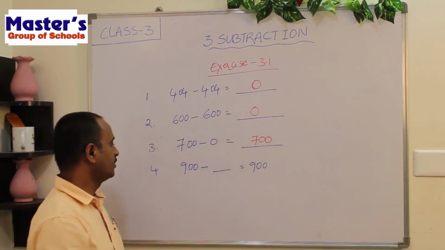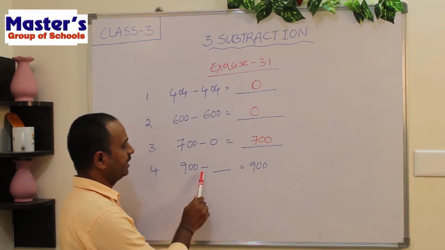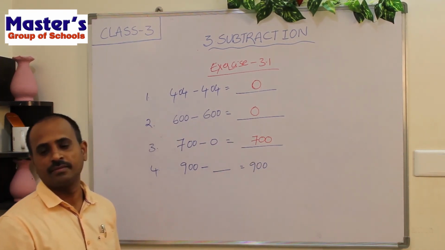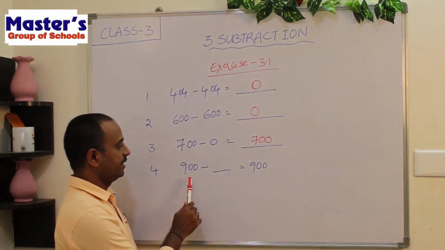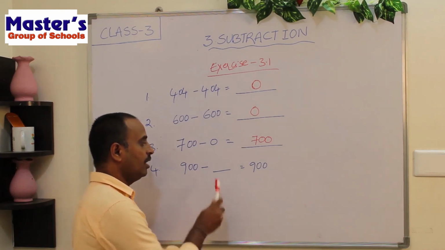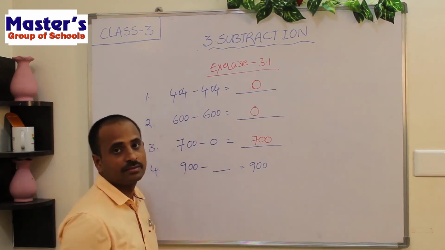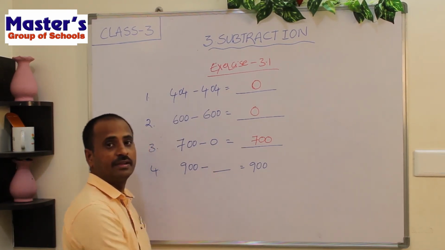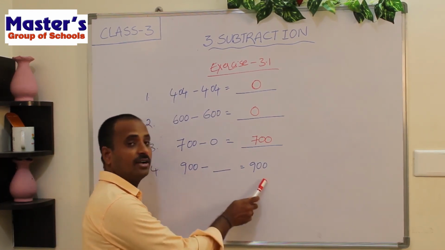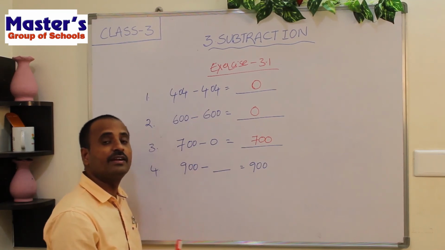Now children, see the fourth problem: 900 minus a dash is equal to 900. What number do we have to write in the blank? Here the number is 900, and the answer is also 900. When do we get the same number?